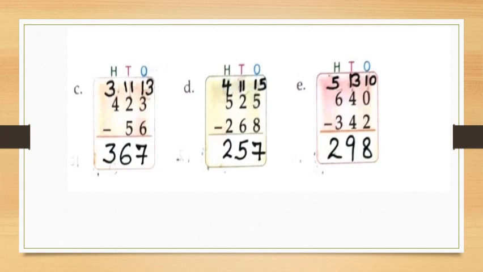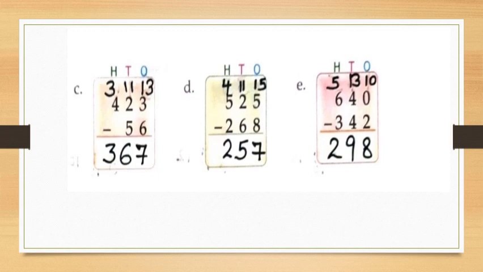Now at tens place, you can't subtract 5 from 1. So children, we will borrow 1 hundred from 4 hundreds to make 3 hundreds and 11 tens.